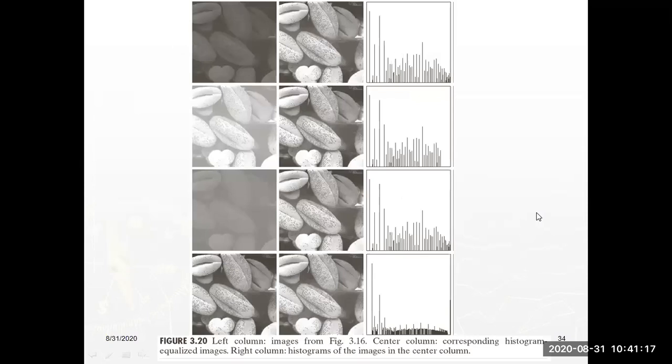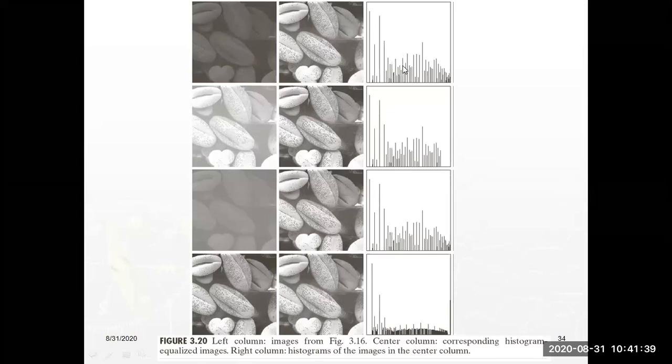Again, here I am showing the previous case. Left column completely images, center column corresponding histograms, and right side histogram lines. How do the changes happen? Suppose this is a dark image.